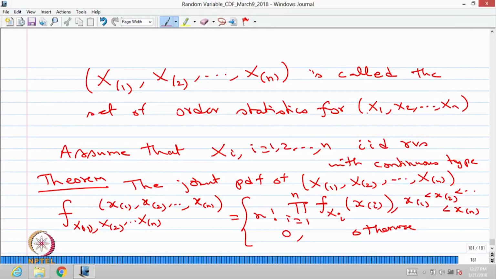One can find the joint probability density function of order statistics in terms of the joint probability density function of x1, x2, xn.